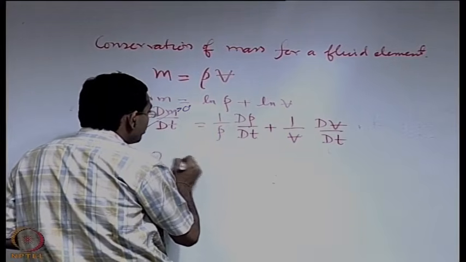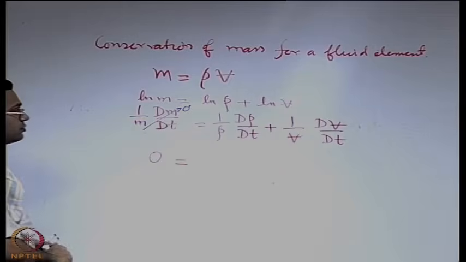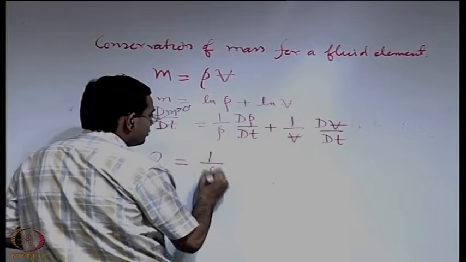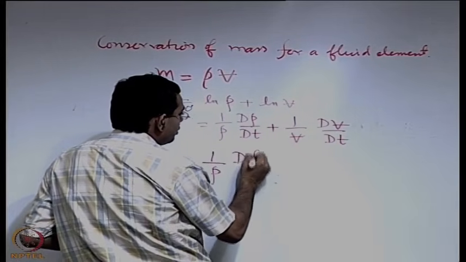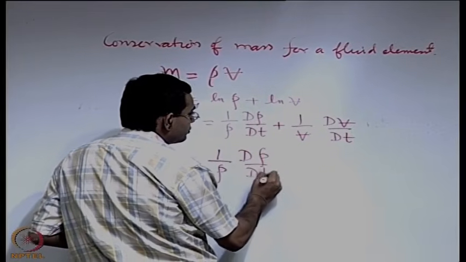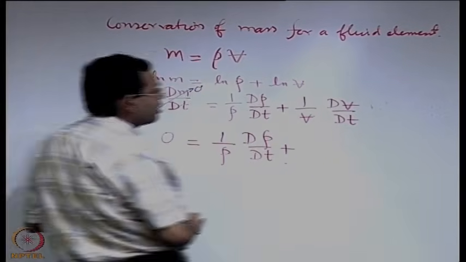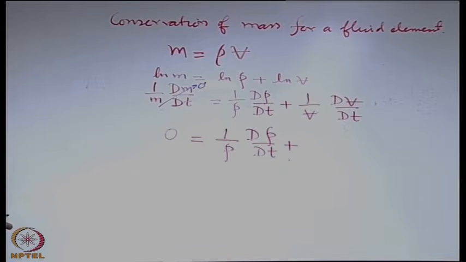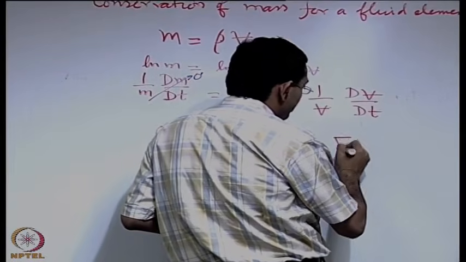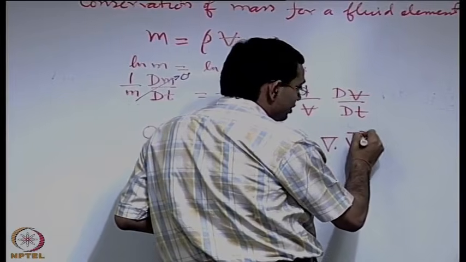So you have 0 equal to 1 by rho d rho dt plus 1 by v dv dt, which is what? It is the divergence of the velocity vector.